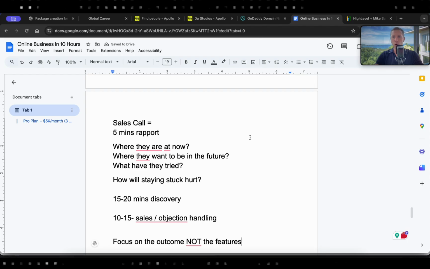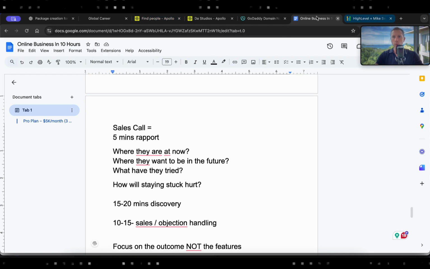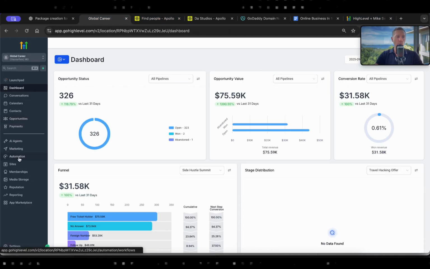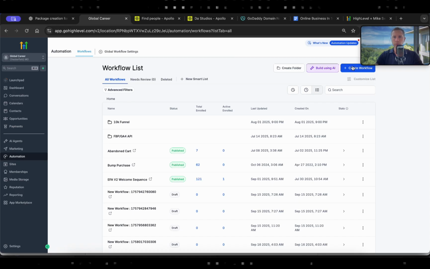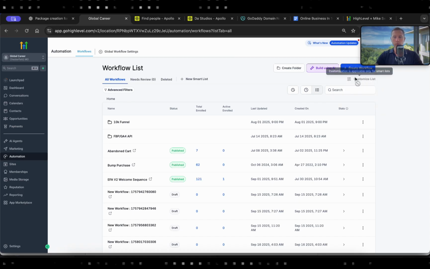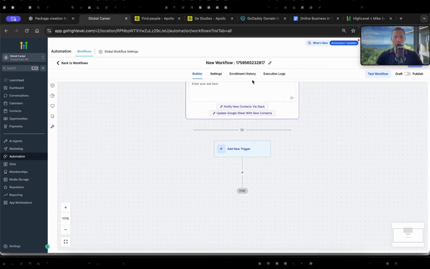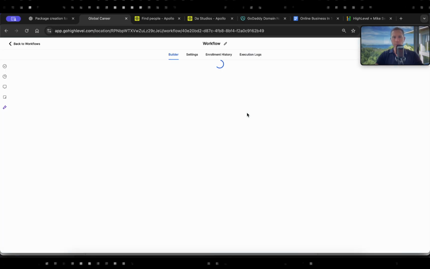And so once you have that open, basically what we're going to do is we're going to get these leads from Apollo. We're going to go back to our High Level account, and we just create a new automation here. You can build it with AI. Again, I just like to make it simple.